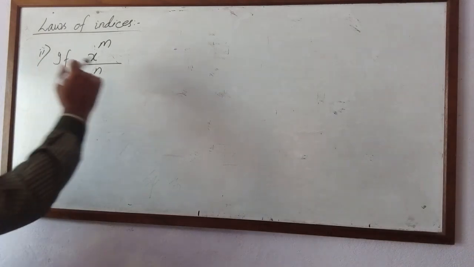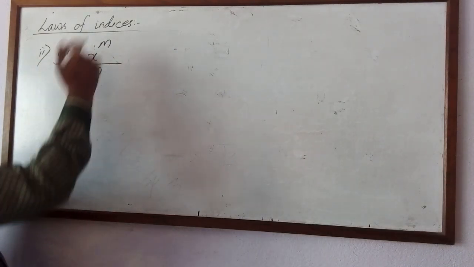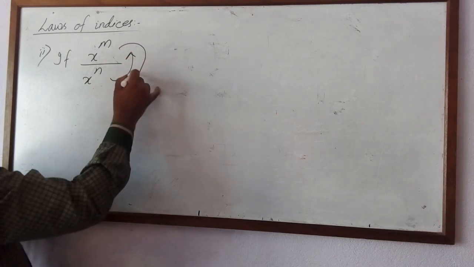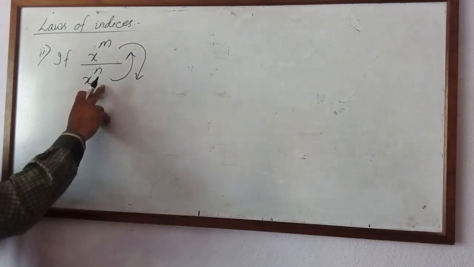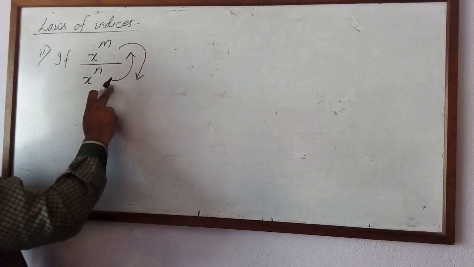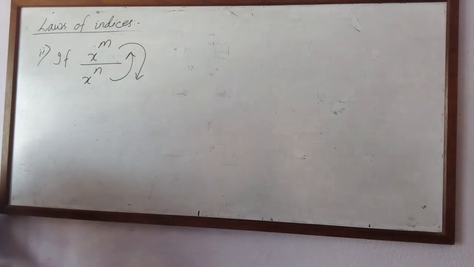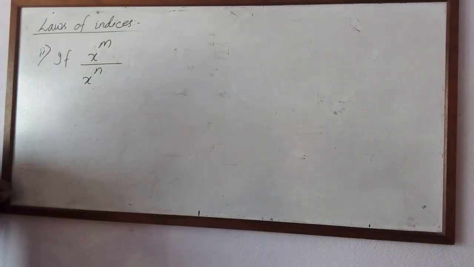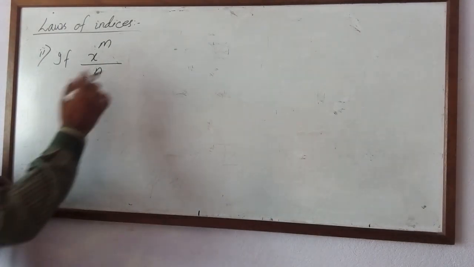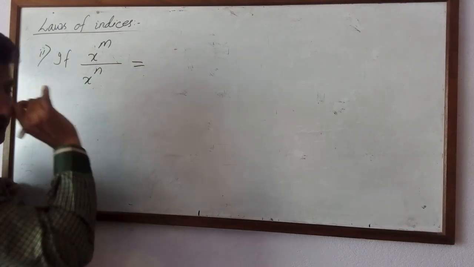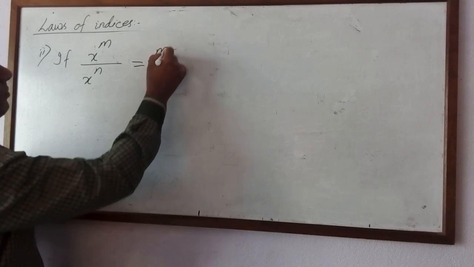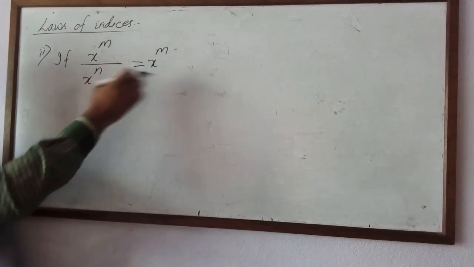In this case, we can bring a factor from denominator to numerator, or numerator to denominator. To change, we have to change the sign of the power. Now, I am going to bring this x power n to the numerator.